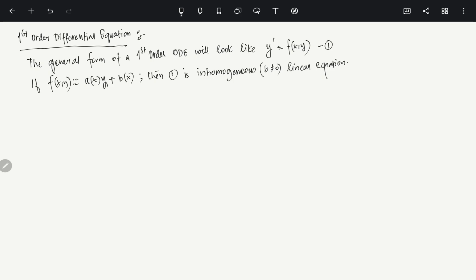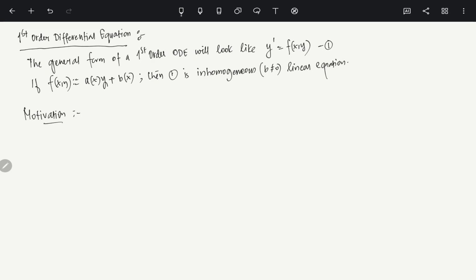Okay, now it may happen that f of x, y may not be linear in y, so basically it can have y square, y cube, that sort of thing. So, for example, this is a motivation of what we are trying to do in this part.